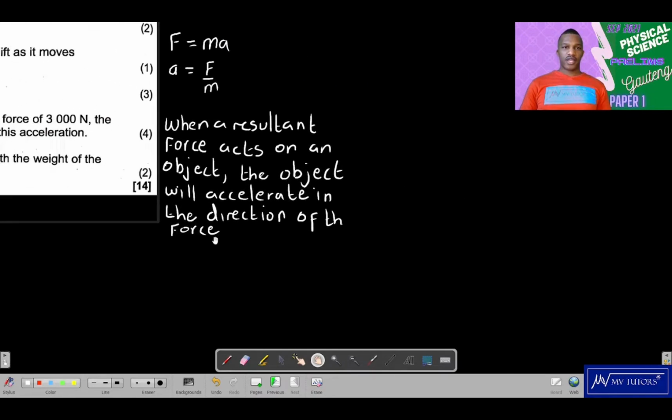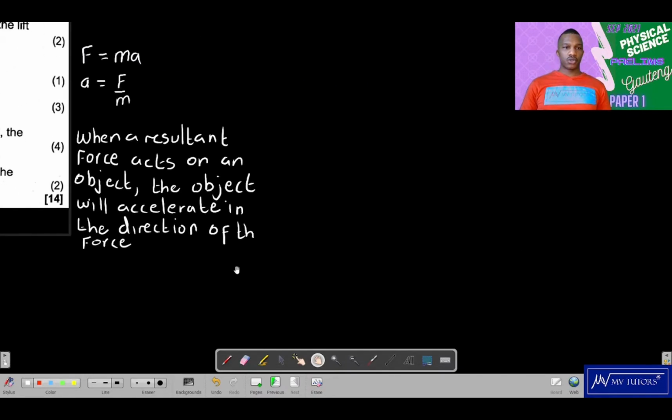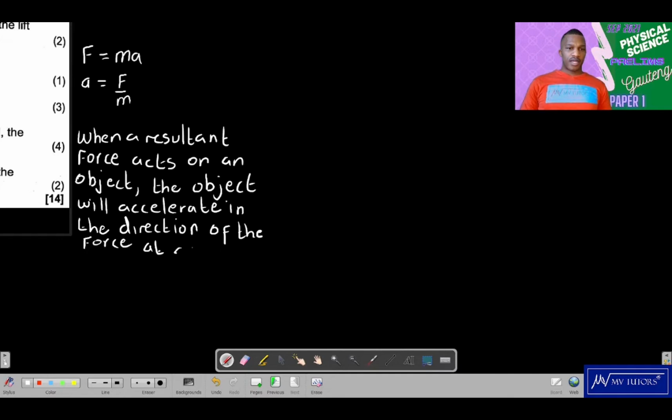Remember, I told you that this is the clue. Now you need to be able to speak about the actual acceleration. The direction of the force, at an acceleration.